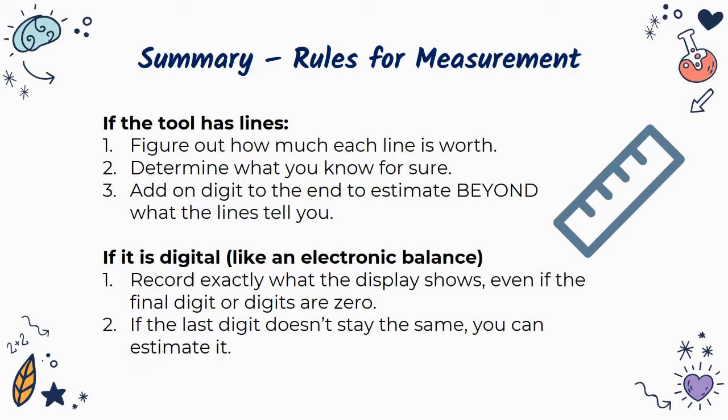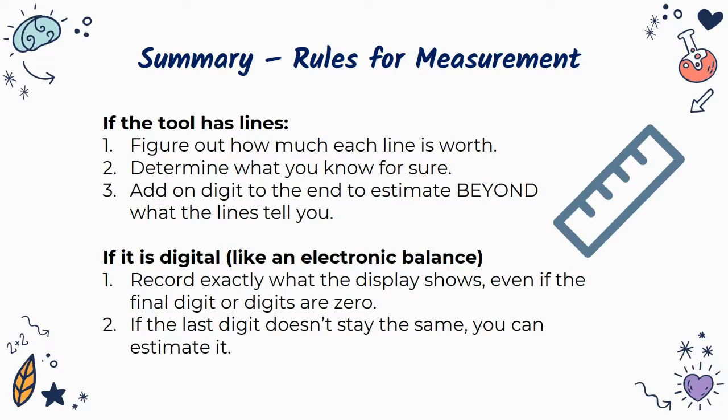After you know that, you determine what you know for sure, meaning you look at where the object ends, whether it's an object you're measuring with a ruler or water in a graduated cylinder, and you figure out exactly what you're 100% confident in. Then finally, you estimate and add on the digit one place beyond what the line tells you.